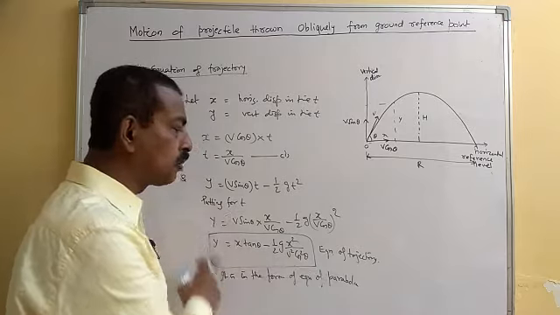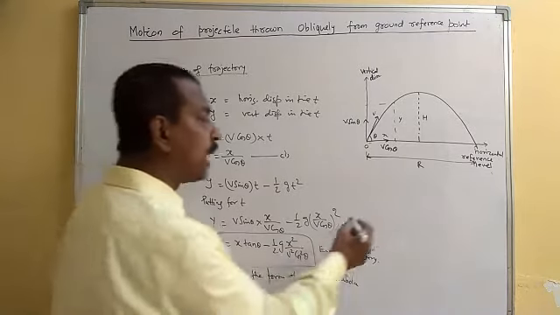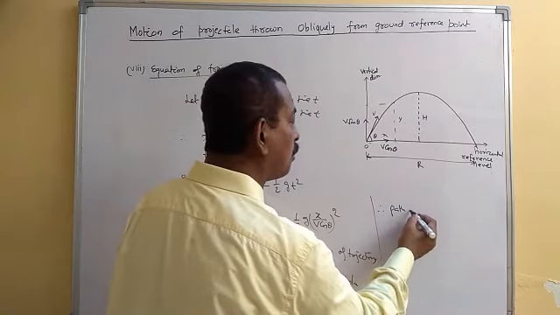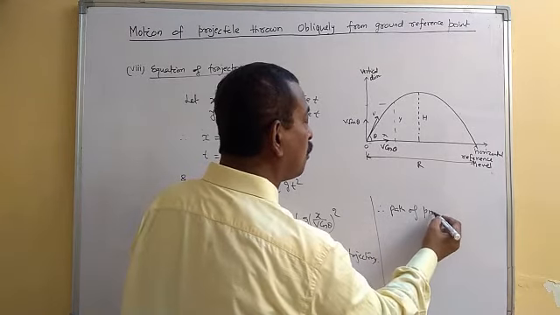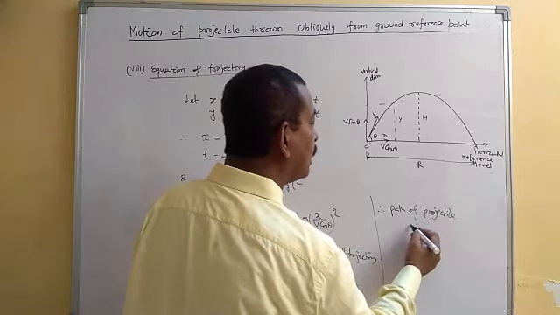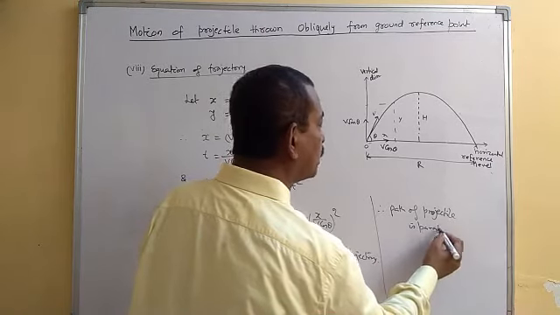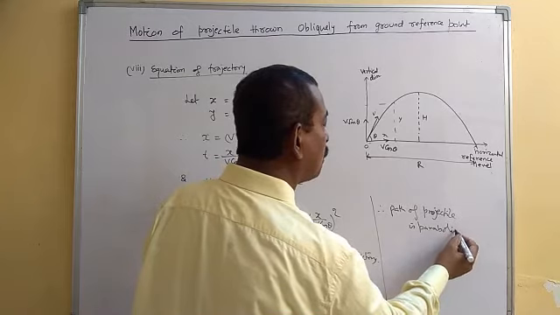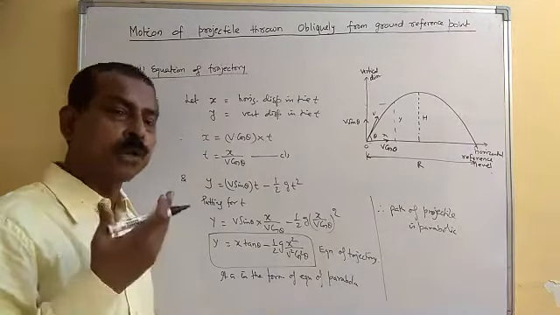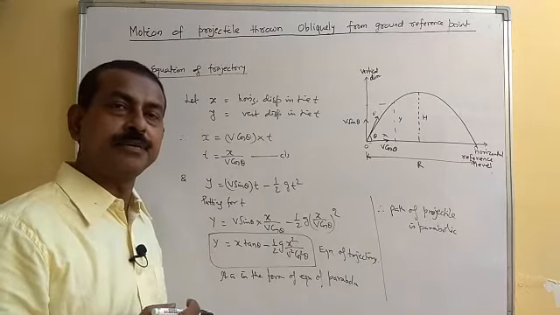So this is the equation of a parabola. Hence, the path of the projectile will be parabolic. The path of the projectile is parabolic. So this is the parabolic path acquired by the projectile.